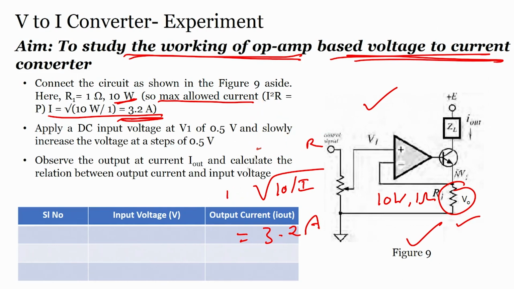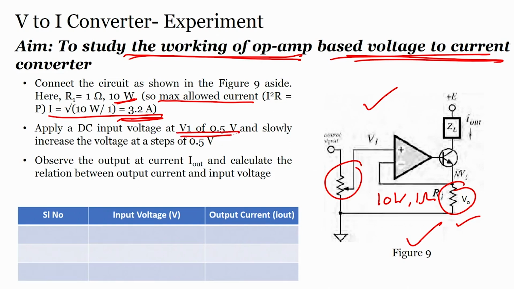Now, next what? Apply a DC input voltage from here, alright, of 0.5 volt and slowly increase the voltage with a step size of 0.5 volts.